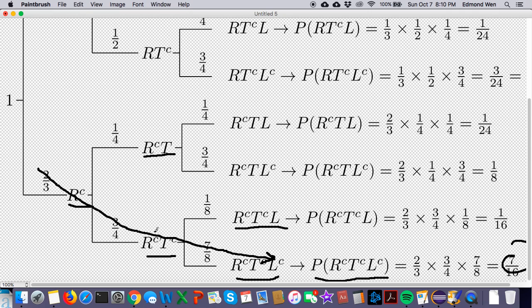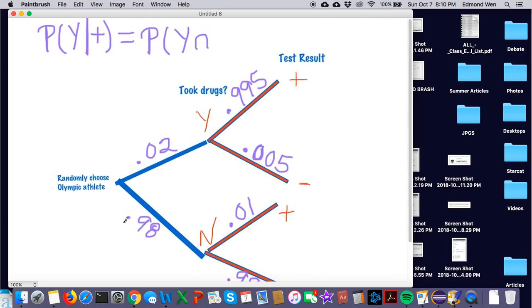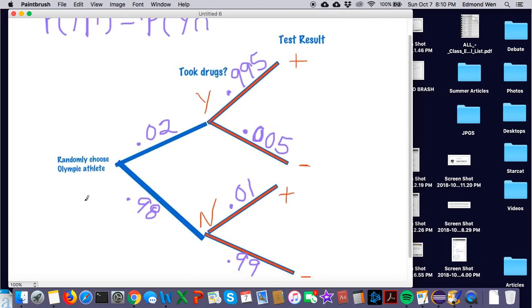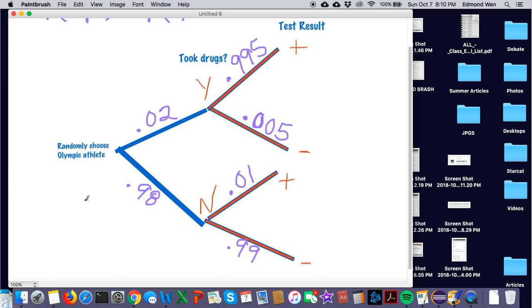Let's take this to an example that we might use it for. In the case of an Olympic athlete and drug testing, in Beijing, for example, there were about 10,000 athletes, and they had to do drug testing, right? For a randomly chosen Olympic athlete, 2% of them took drugs, and 98% of them did not take drugs.